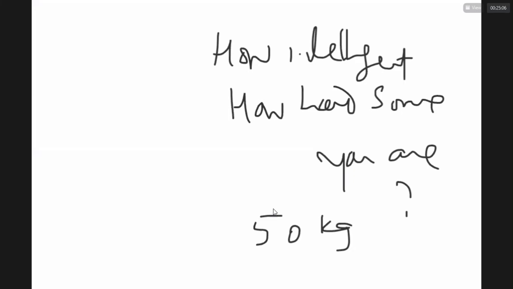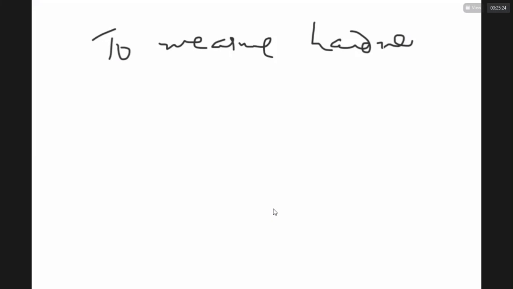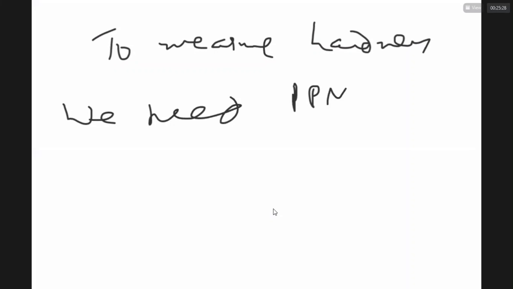Can you say you are 1000 liters intelligent? You can't do that. To measure a quantity, you require an appropriate scale. To measure hardness of water, we need ppm scale.